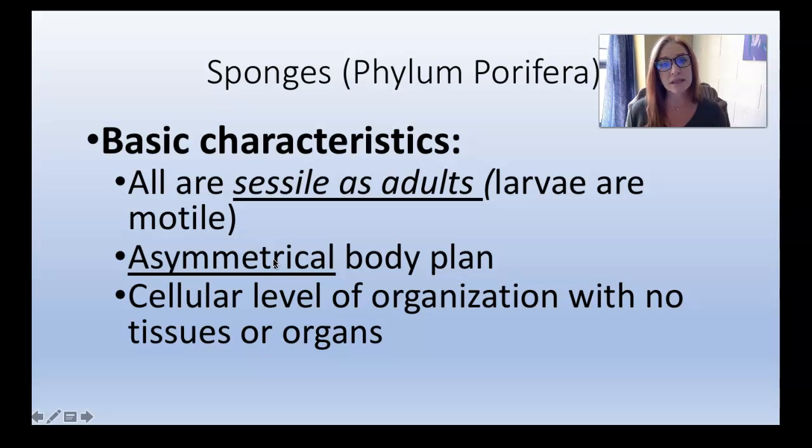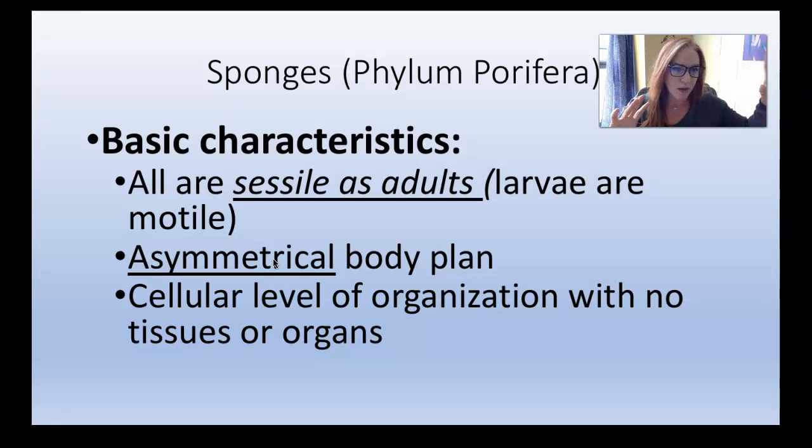Remember, that just means that while they might have a morphological plan for their bodies, which I'll talk about in a minute, there's no guarantee that if you cut them in half or into different parts, you'll ever come up with two mirror images, right? If you cut you in half, you've got a left side and a right side that are the same. Sponges don't do that. They're asymmetrical.